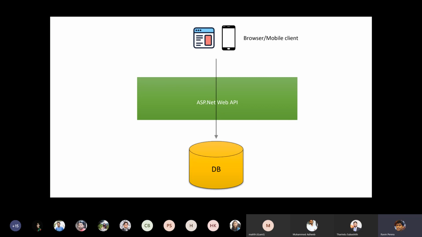So here I want to look at how a traditional application is built. We have a browser or a mobile app as the client, and we would traditionally expose some web API, a REST API, and as the most popular technology in our company, we use ASP.NET Web API.